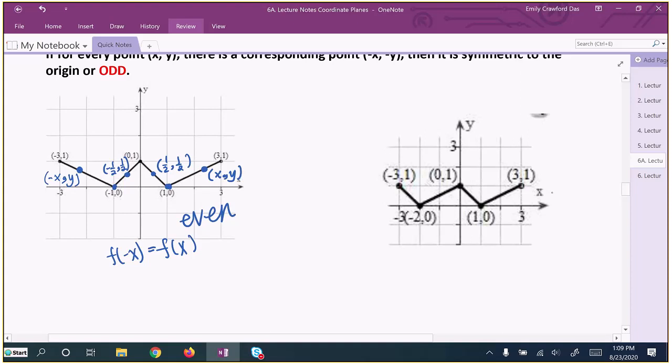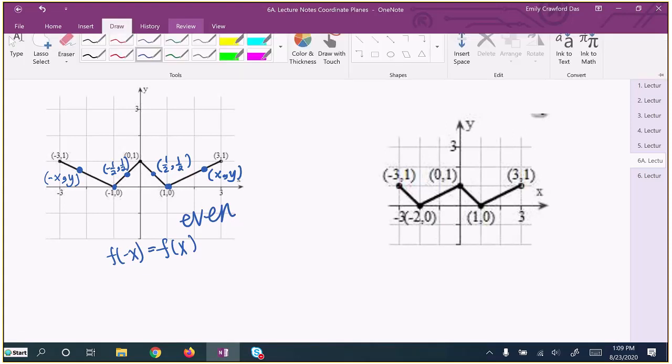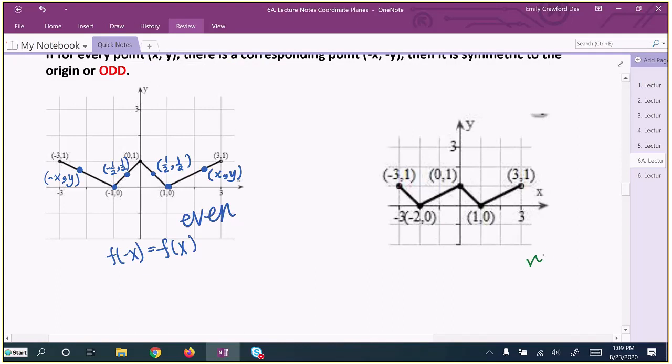Okay. Now, this next graph is not symmetric with respect to the y-axis. This would be an example of where we would say a function is neither even nor odd. It's pretty close to the first picture that we looked at, except for this point, negative 1, 0, doesn't show up here. Instead, we have negative 2, 0.